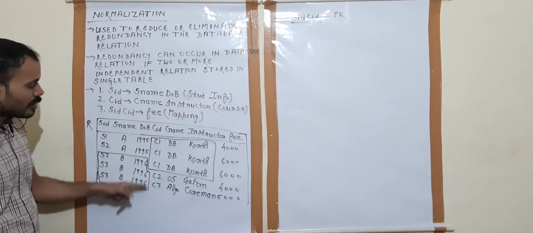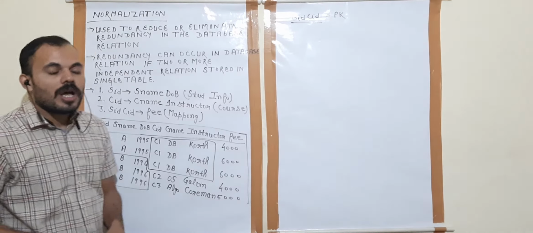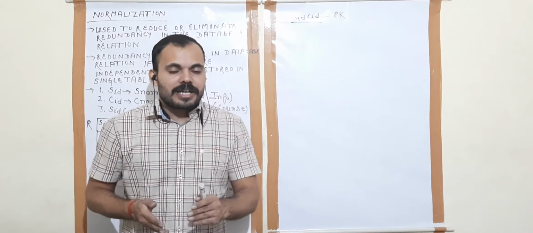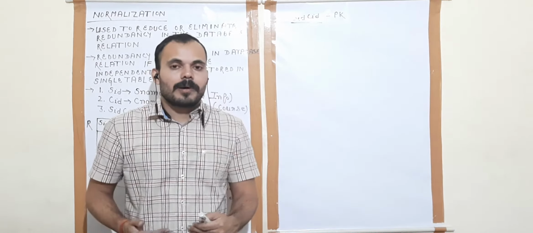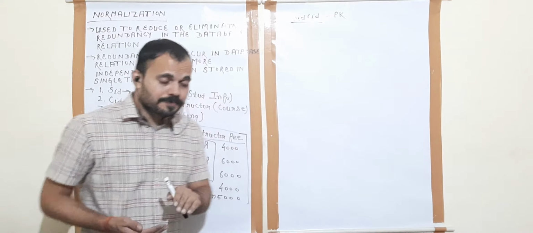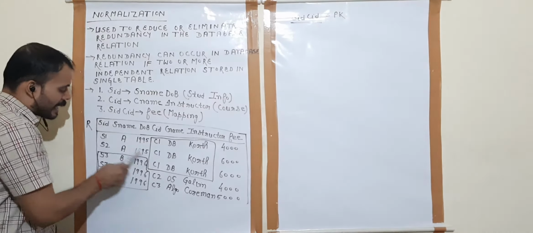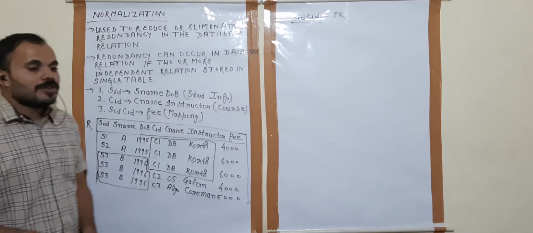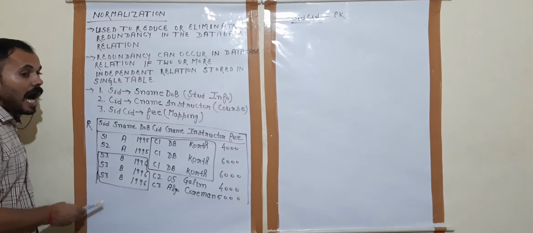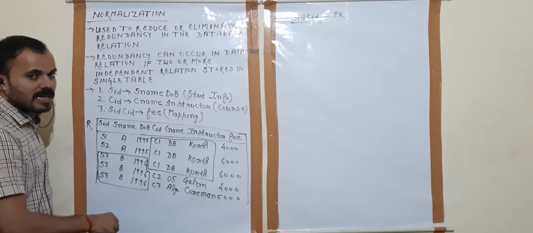Here we are storing three independent tables in a single table. So if we store two or more independent tables in a single table, then redundancy can occur. Redundancy means repetition of data. So we use normalization to reduce or eliminate redundancy in the database relation.